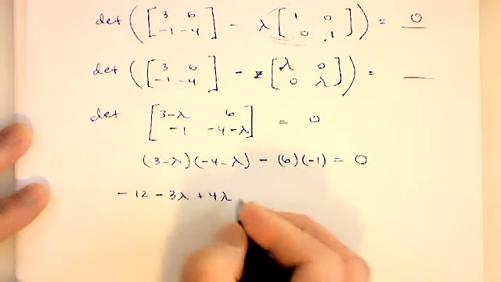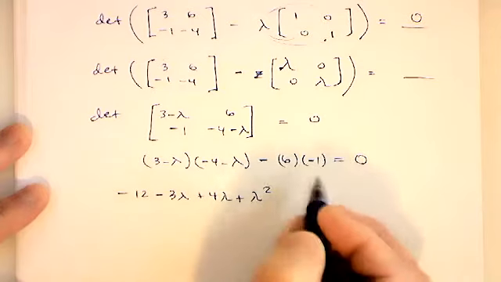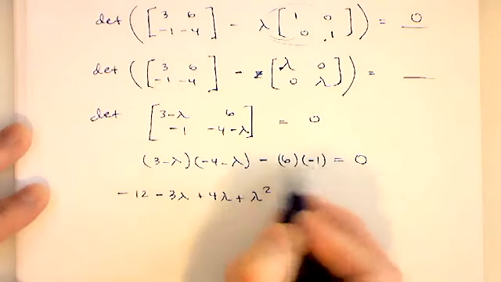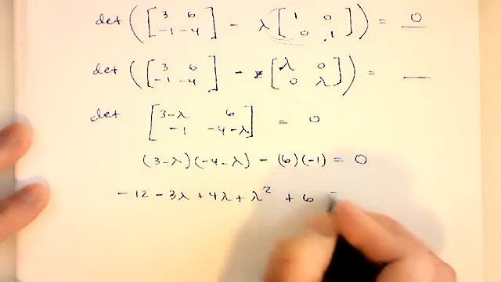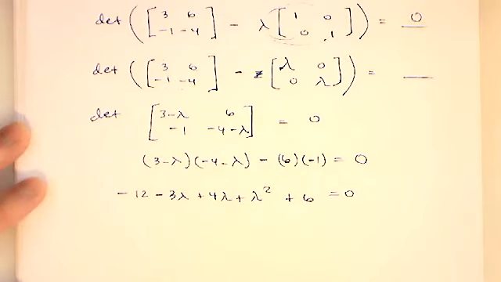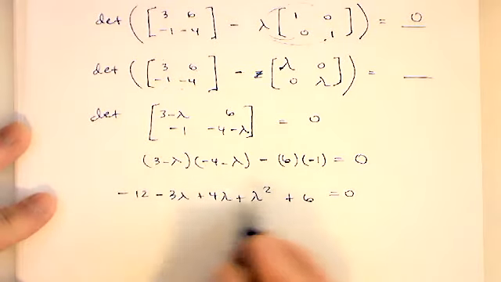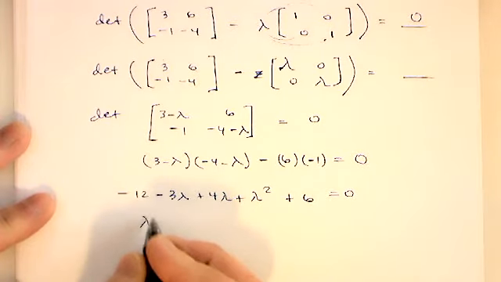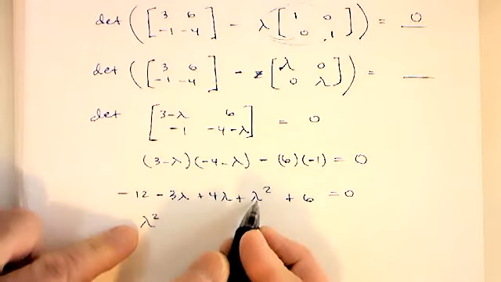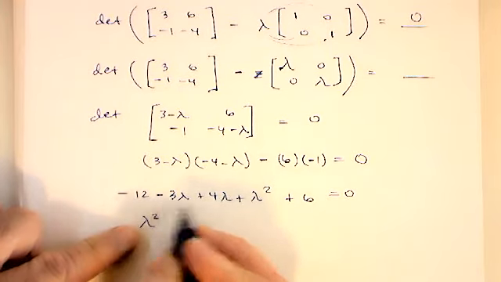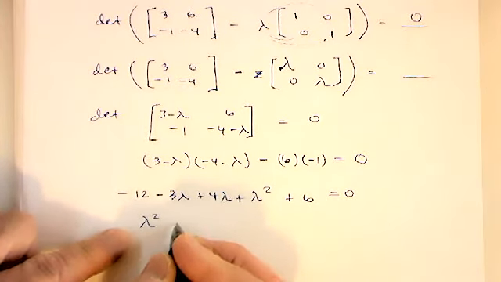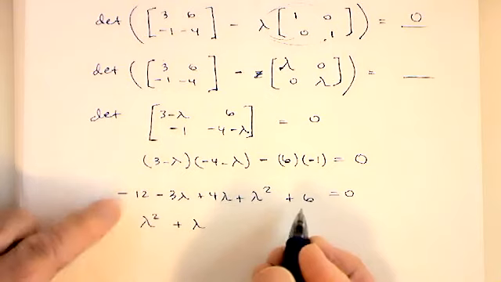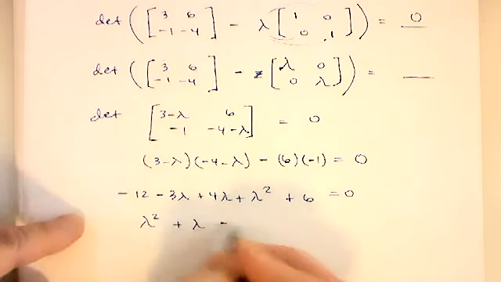Negative lambda times negative lambda is plus lambda squared. Minus -6 is really plus 6. This looks like a quadratic that I could probably factor, or at least use the quadratic formula on if it doesn't. So let's put the lambda squared first. -3 plus 4 lambda gives me positive lambda. -12 plus 6 is -6.